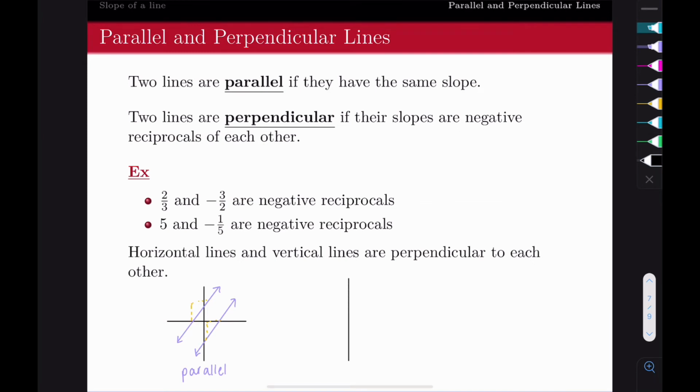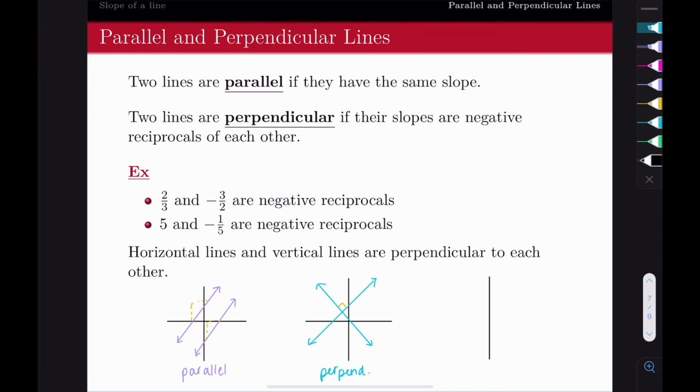In the case that they are perpendicular, one line can maybe be here. The line that's perpendicular will form a 90-degree angle, as best as we can possibly draw. So this angle here would be 90 degrees.